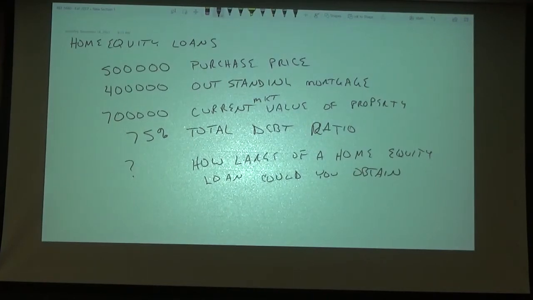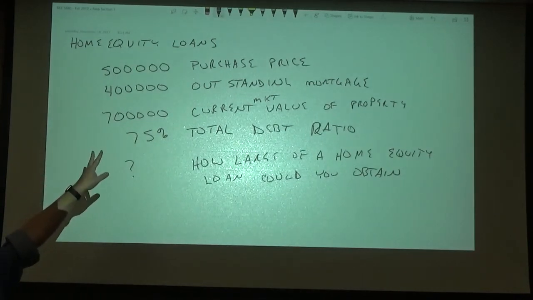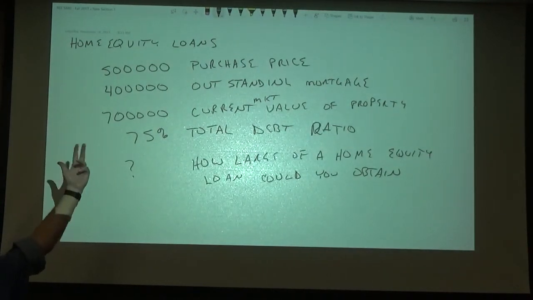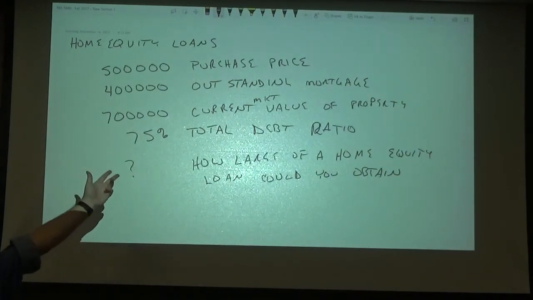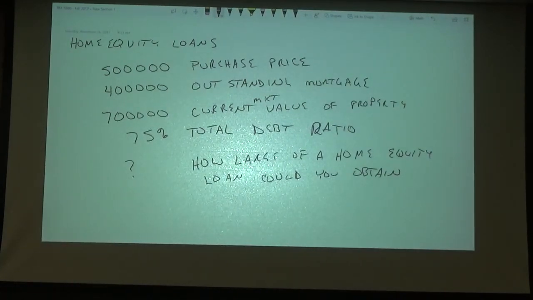Okay, so what you're going to start off with is the current market value of the property, the $700,000, and you're going to multiply that by what? 75% to figure out the maximum that we can effectively borrow or have debt on. Okay, so 700,000 times 75%. So 525,000 is our maximum debt allowable.